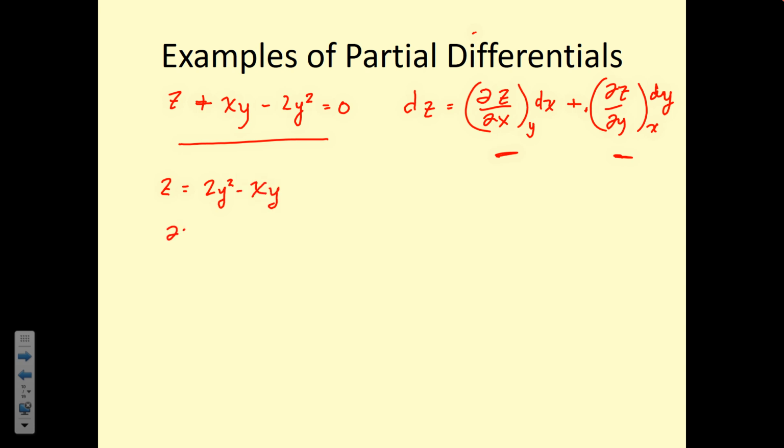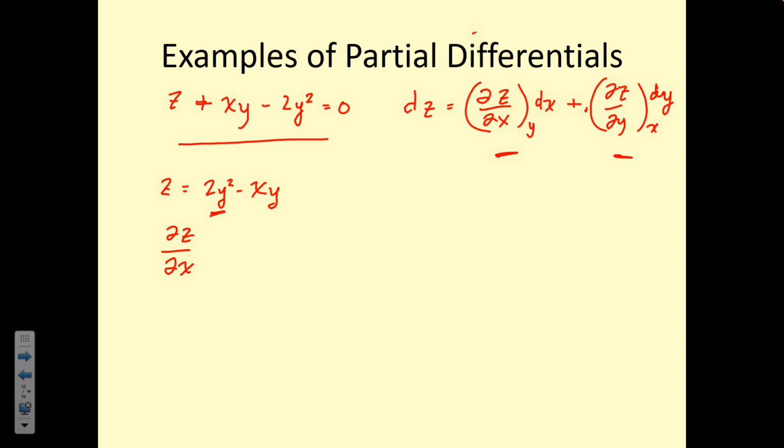So if we want to take the partial derivative of z with respect to x, what would be the derivative of y squared with respect to x? So if we're holding y constant, what is y in this equation? Y is not 0.